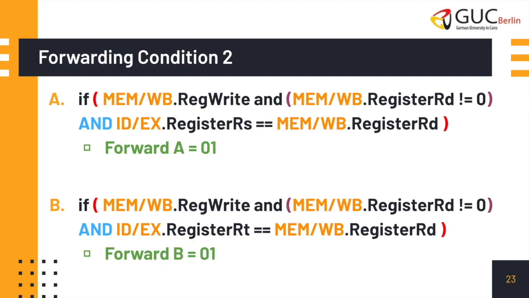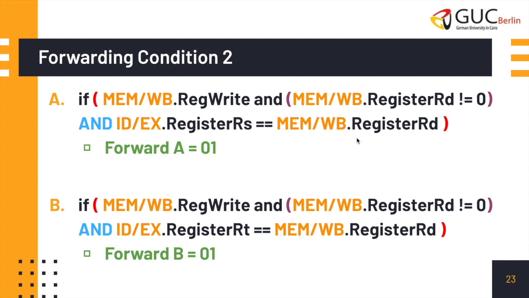Moving on to the forwarding condition 2, now I'm checking on instruction n+2 with instruction n. So I'm checking that if mem/write back for 2a dot reg_write, meaning that the reg_write value is 1, and mem/write back dot register RD is not equal to 0, meaning that my destination register RD of instruction n is not register 0, and the id/ex.register_rs is equal to the mem/write back dot register RD.